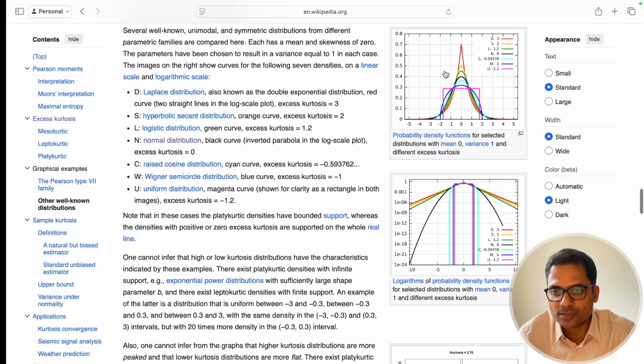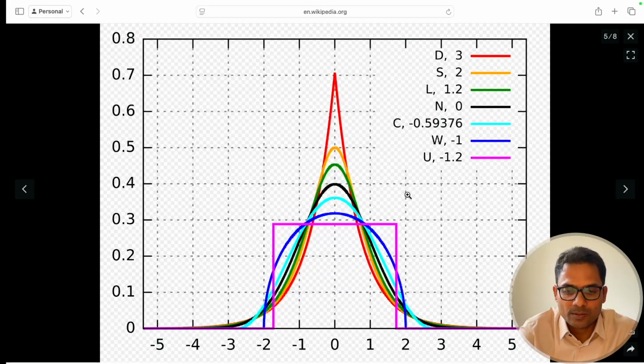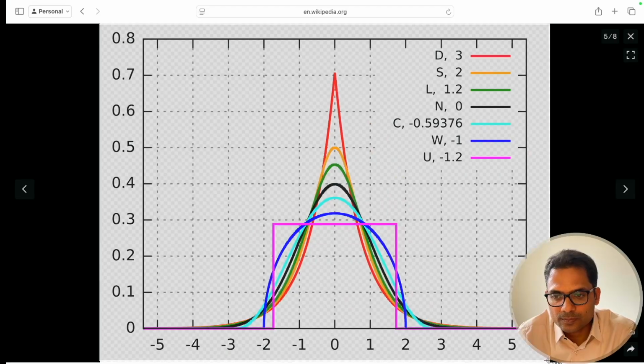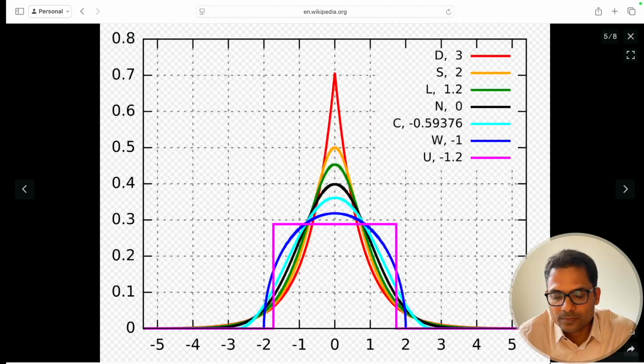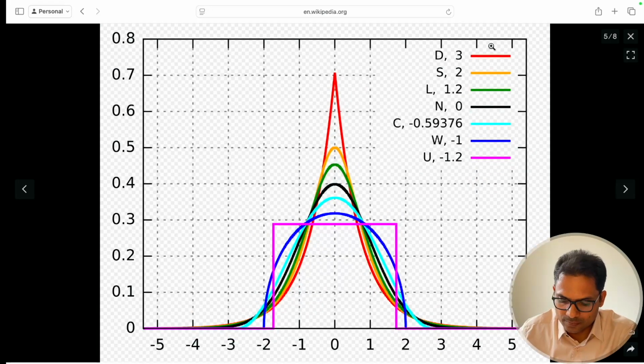So I'll show you this graph. Let's copy it. Then just have a look at this graph. These are the distributions for many types.